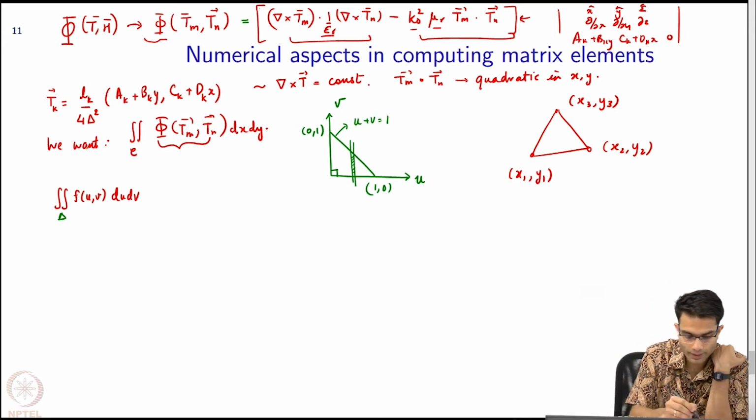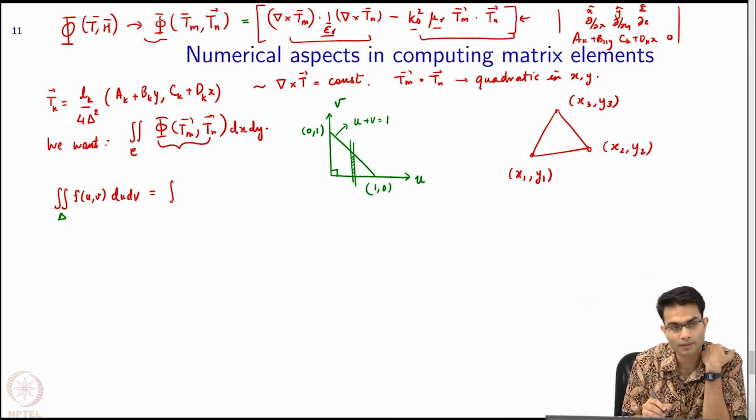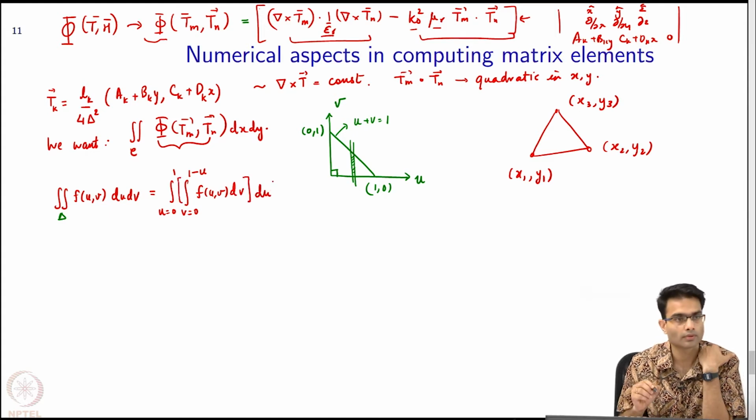So, I can write this expression as integral u is equal to 0 to 1, and integral v is equal to 0 to 1 minus u, of f of u comma v dv and du, right.